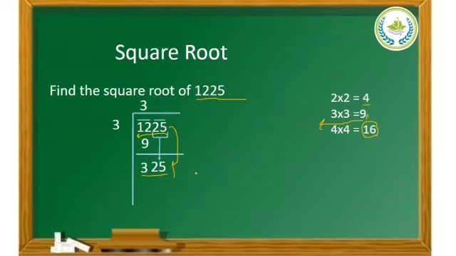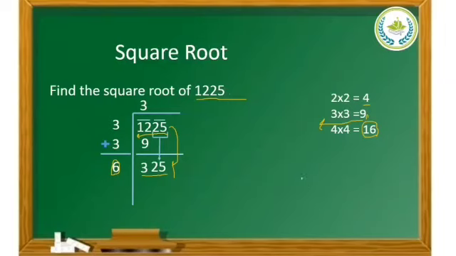Now, another special property of square root is that I will take the divisor which is 3, I will add another 3 to it and I will write the answer down there which is 6. Now I have 6 and the other number is 325.